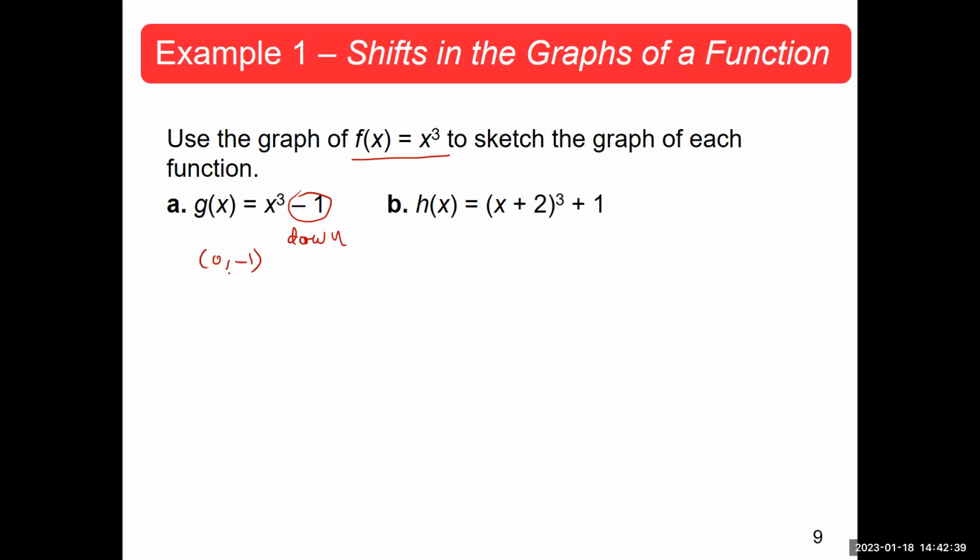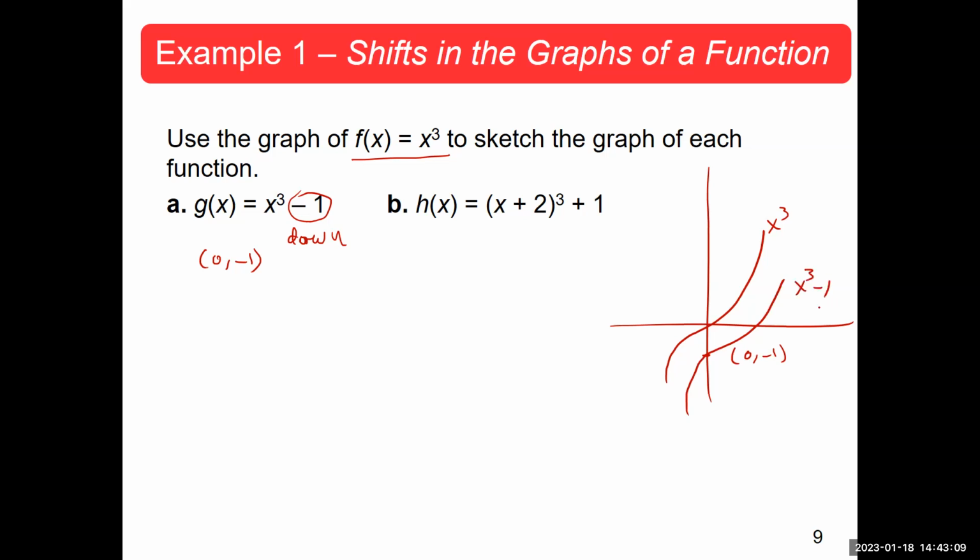That's the location of the new vertex. Initially it was 0, 0. So this is your function, because this is x cubed. Now we moved down by 1. This is 0, -1, so we cannot just redraw it again like that. This is x cubed minus 1. It's not too hard.